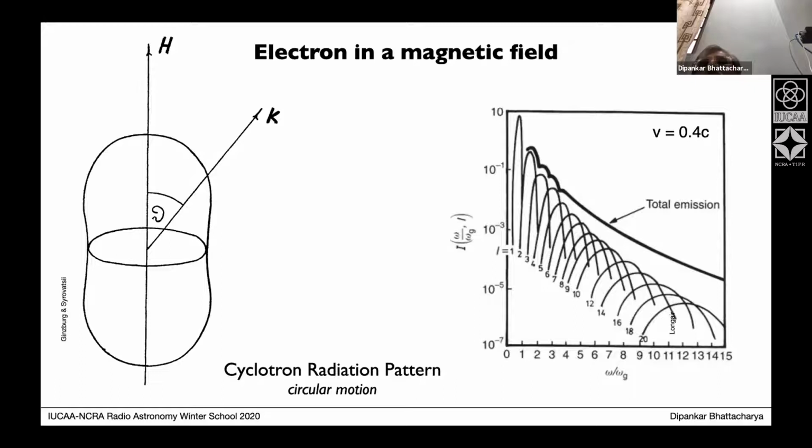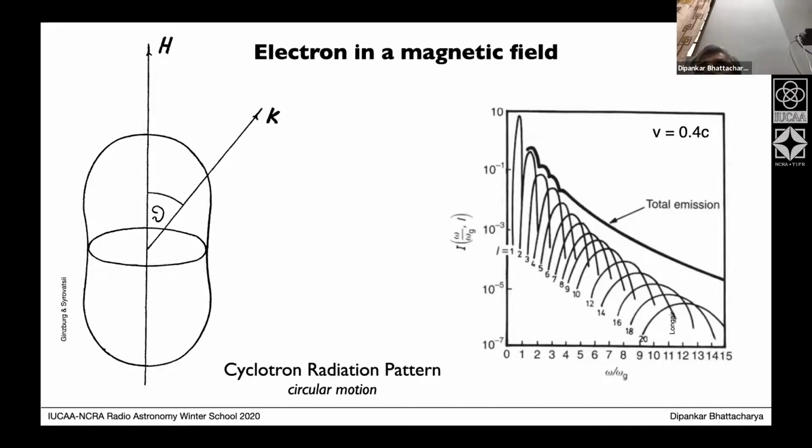So let us take a microgauss field, and if you have an electron producing cyclotron radiation in there, you would have a frequency which is of the order of 3 hertz, which is actually not observable by us because the interstellar space, because of its plasma frequency, absorbs radiation below a certain value of frequency.